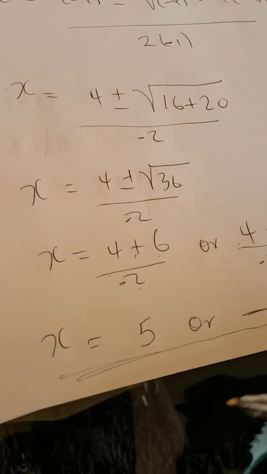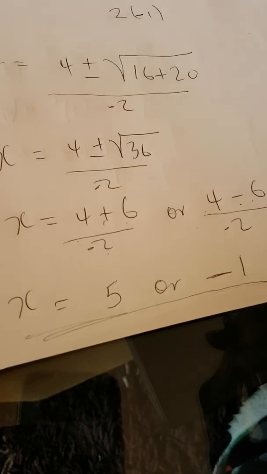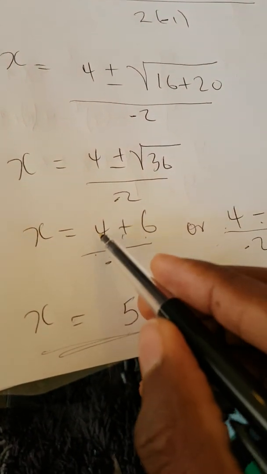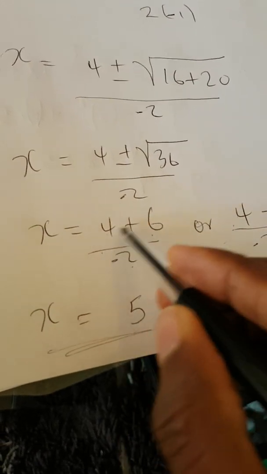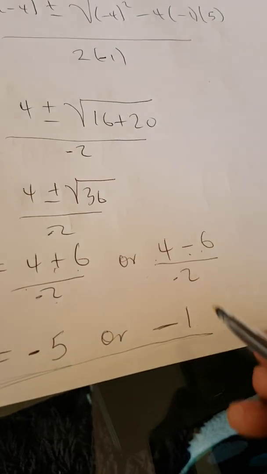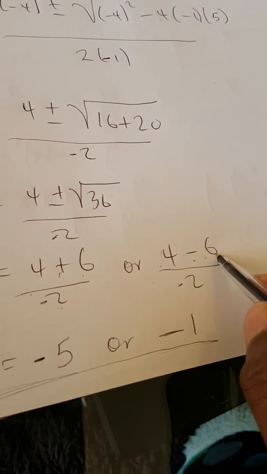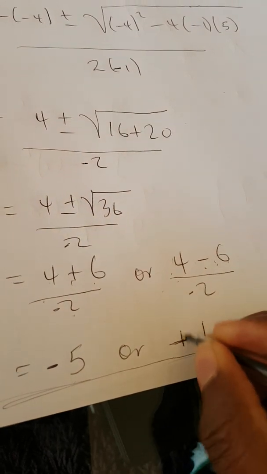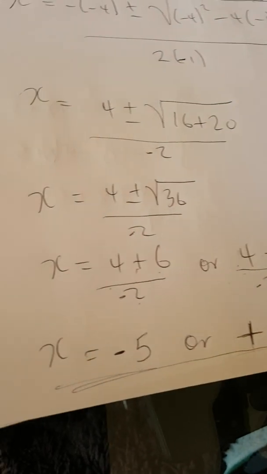So now what's going to happen is that 4 plus 6 is going to be 10. 10 divided by -2 is going to be -5, okay? And then 4 minus 6 is going to be -2. -2 divided by -2 is going to be +1. So the 1 will be positive.